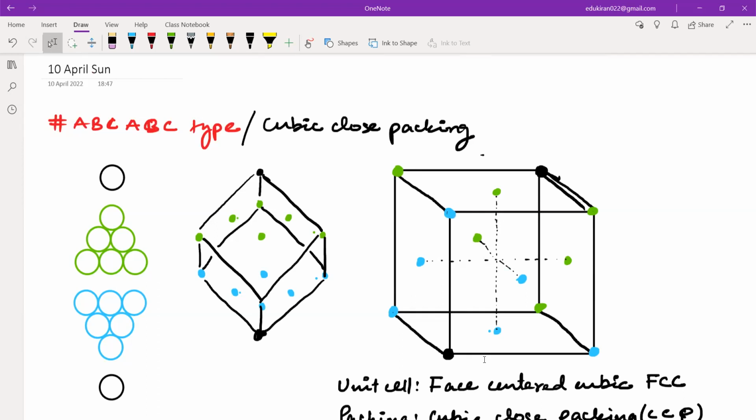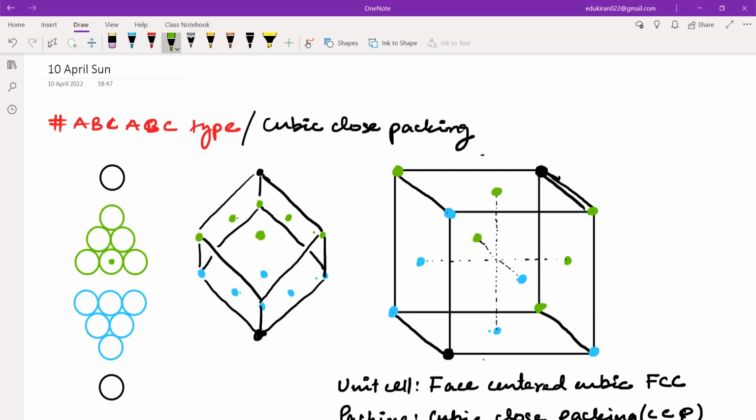Now in this case, what I want to show you, look at this green atom here. Okay, this green atom. So this green atom will be which atom? This green atom, in the top ceiling, right? Yes, sir.